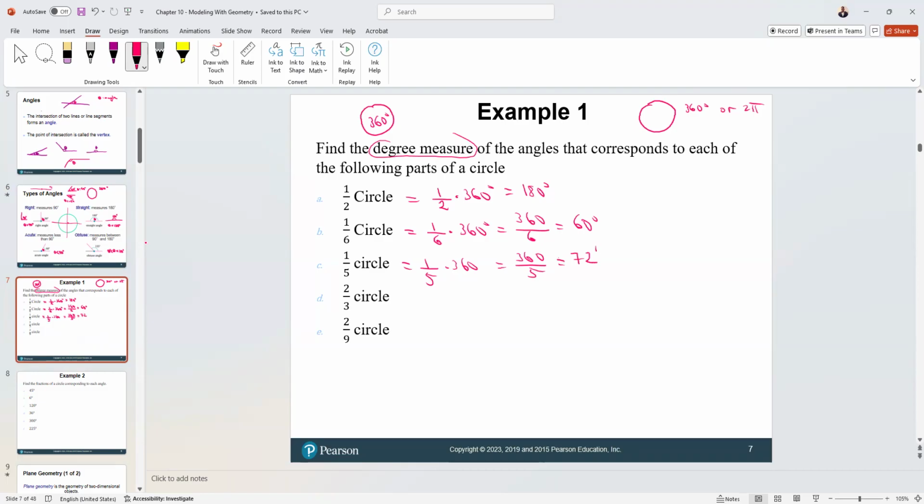Okay, 72 degrees. Two-thirds of a circle, I need to multiply two-thirds by 360 degrees.